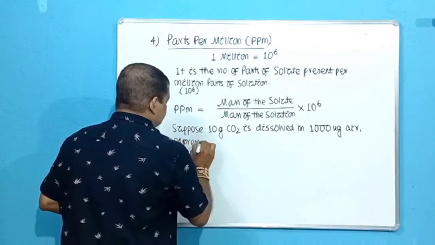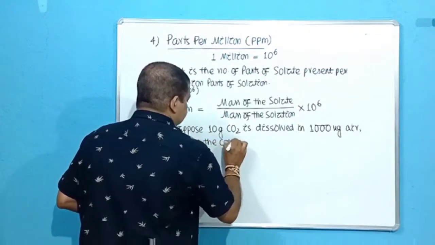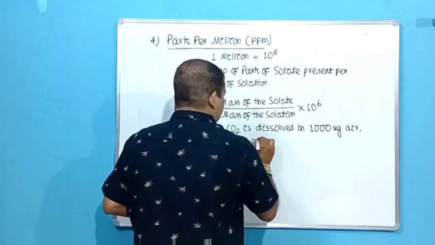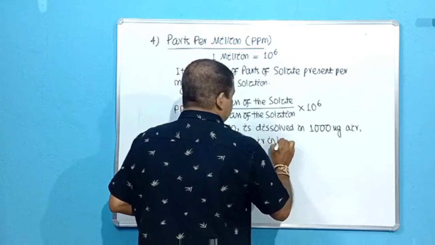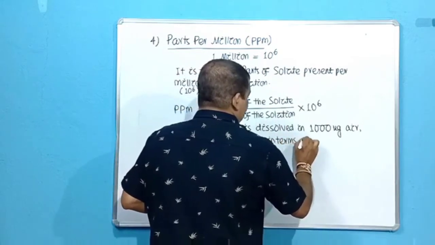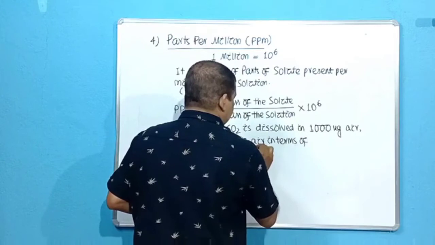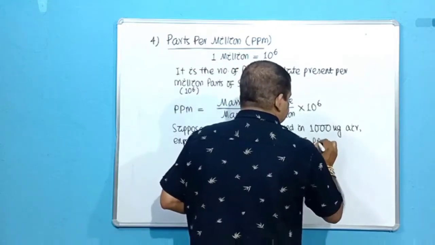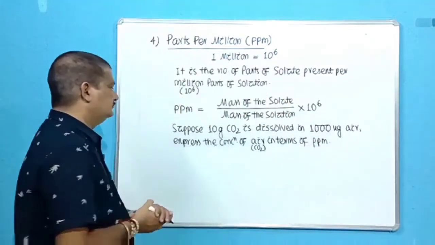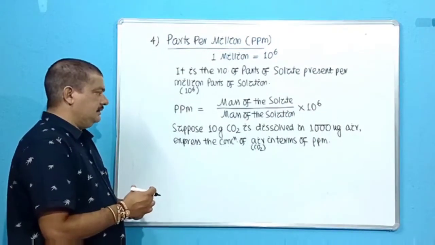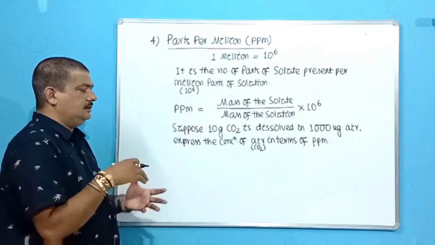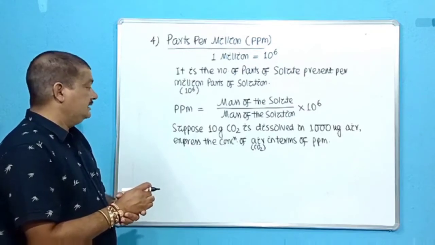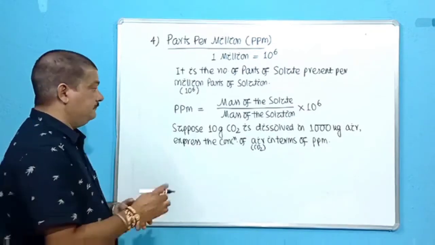Express the concentration of air, meaning air plus carbon dioxide, in terms of ppm. Suppose 10 gram of carbon dioxide is mixed with 1000 kg of air. Then what will be the concentration in terms of ppm?